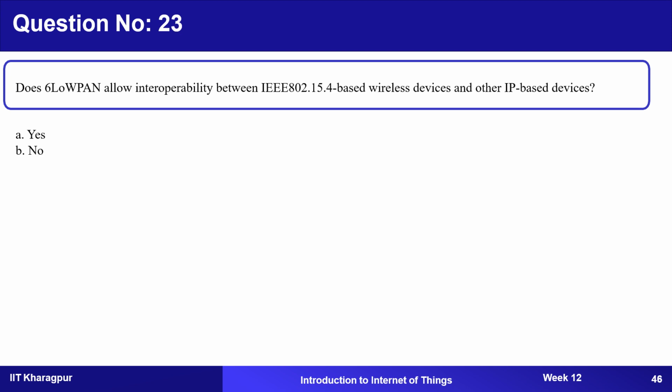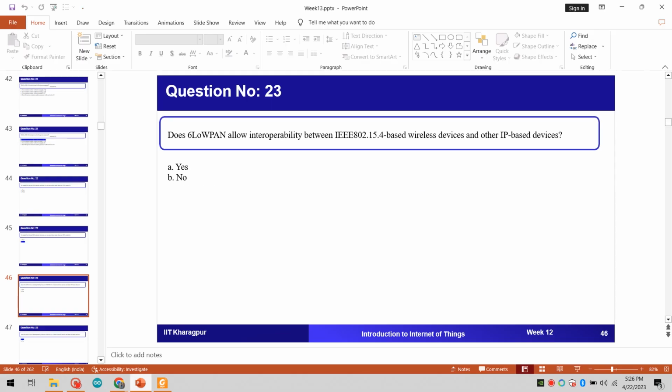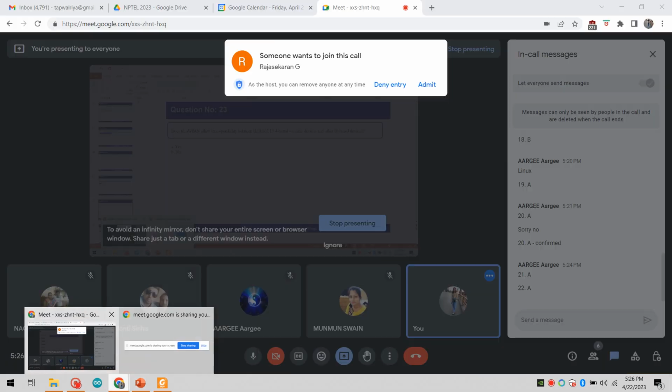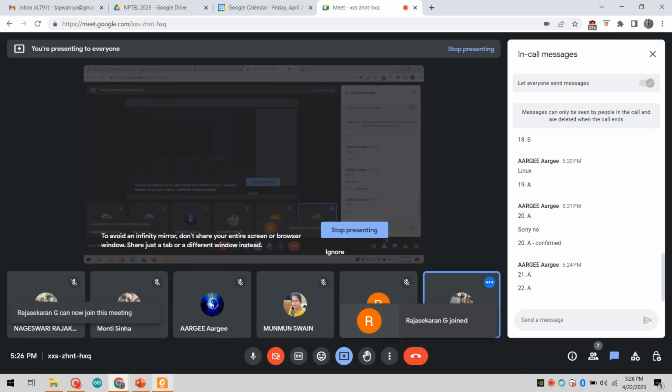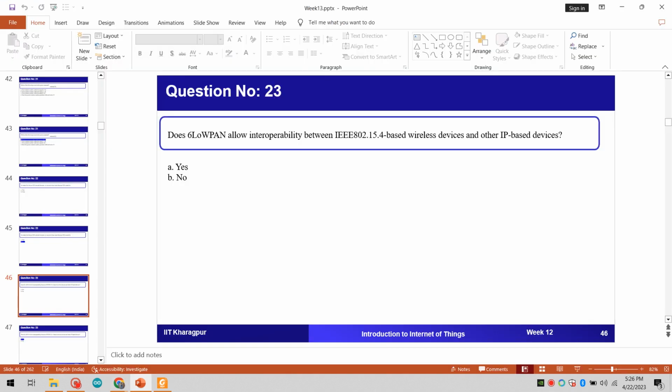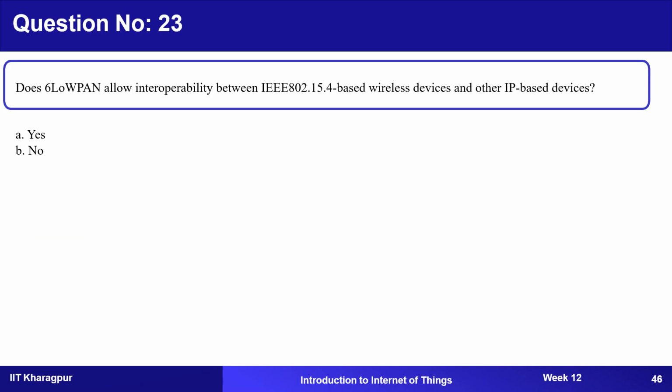Next question is, does 6LoWPAN allow interoperability between IEEE 802.15.4 based wireless devices and other IP based devices?